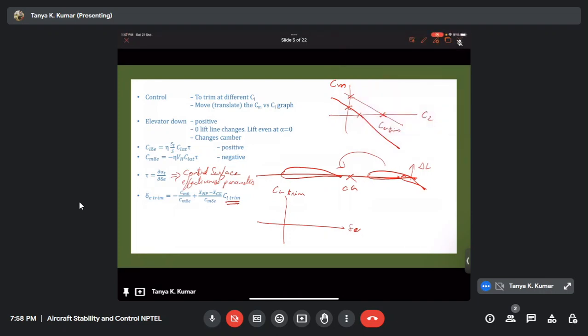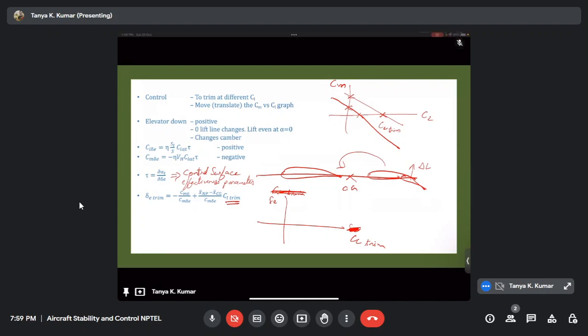Okay, so let me just cut this. This is CL and this is delta E. Okay, tell me the nature of this graph. Positive or negative slope, or positive y-intercept? Okay, let's look at the intercept. Okay, so this is the intercept. Is this positive or negative? For a conventional aircraft, is it positive or negative?